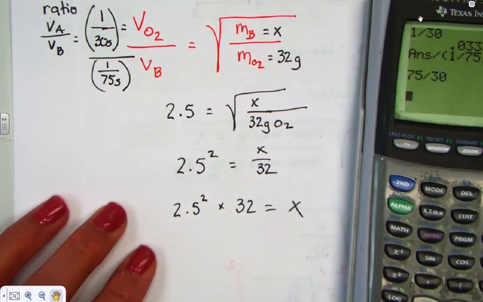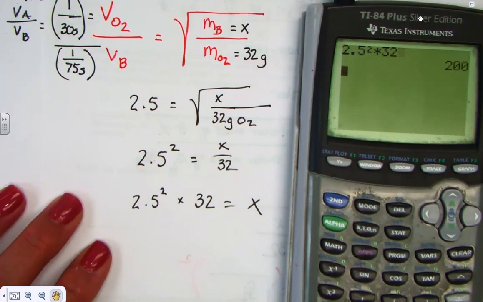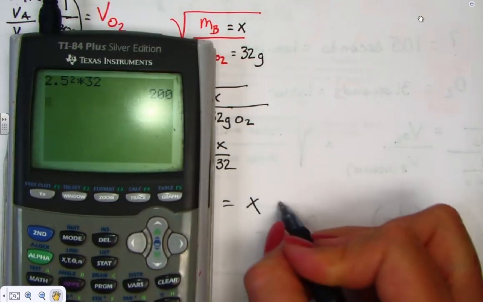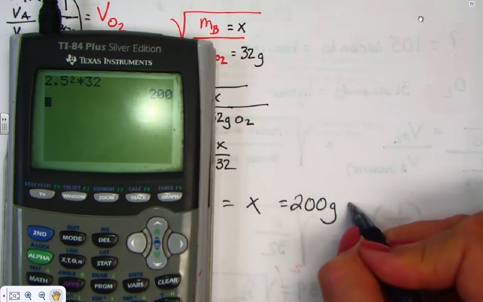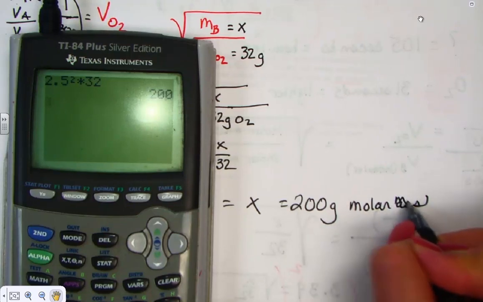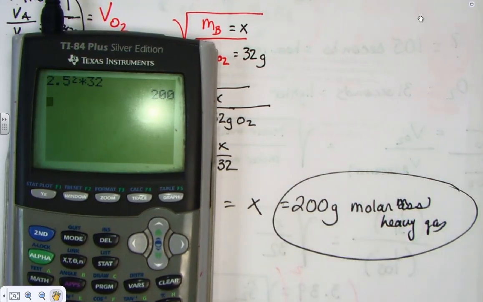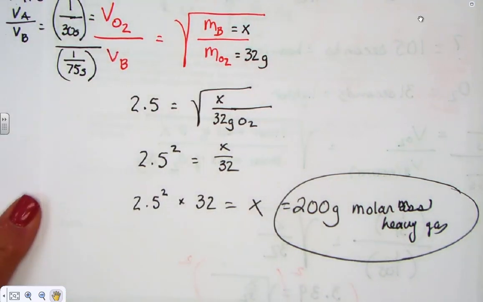Just showing the algebra steps that we'll hit on the calculator. 2.5 squared times 32 gives us a molar mass of 200 grams, the molar mass of the heavy gas. Fix that quick. 200 grams is the molar mass of the heavy gas.